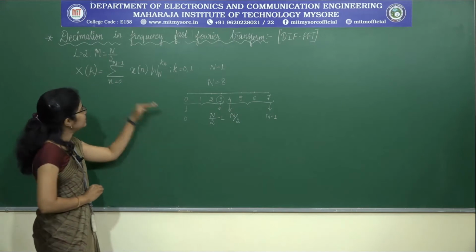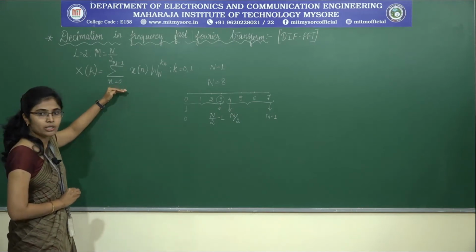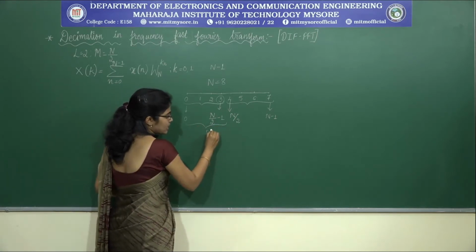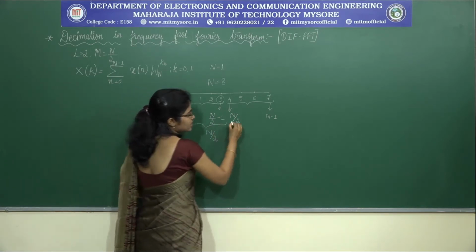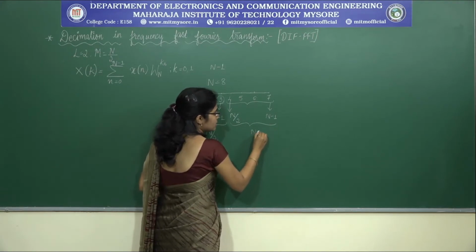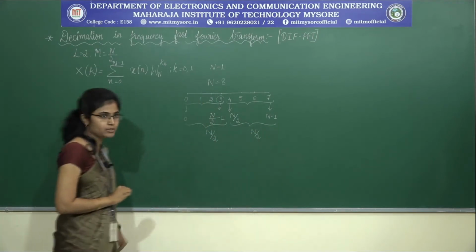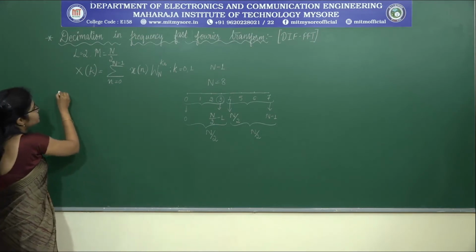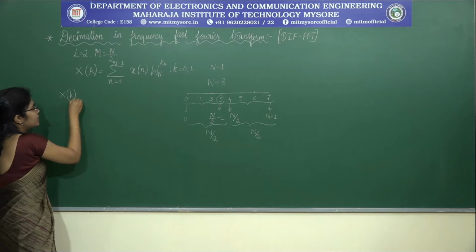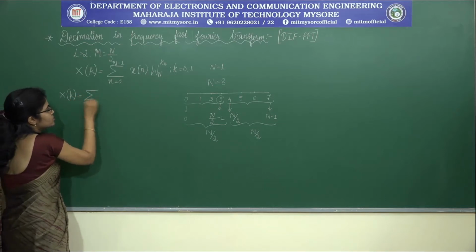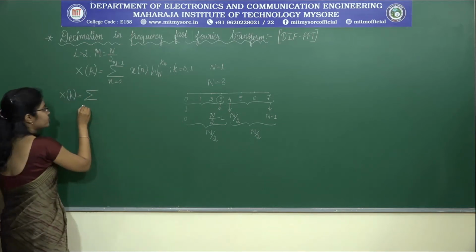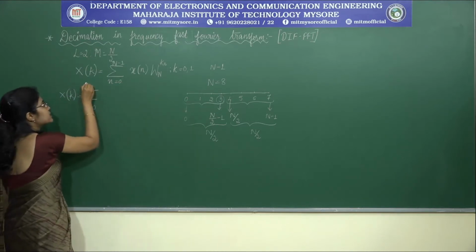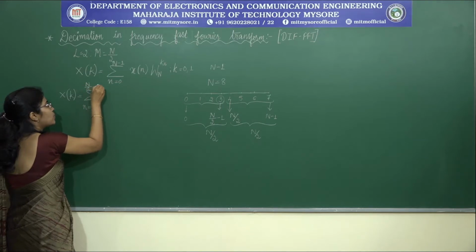Now let me rewrite this summation into two equal halves. This contains N by 2 data samples and this also contains N by 2 data samples, as I said in the beginning of this class. If I rewrite this equation, X of k will be equal to summation, with the lower limit of the first summation being 0 and the upper limit N by 2 minus 1.